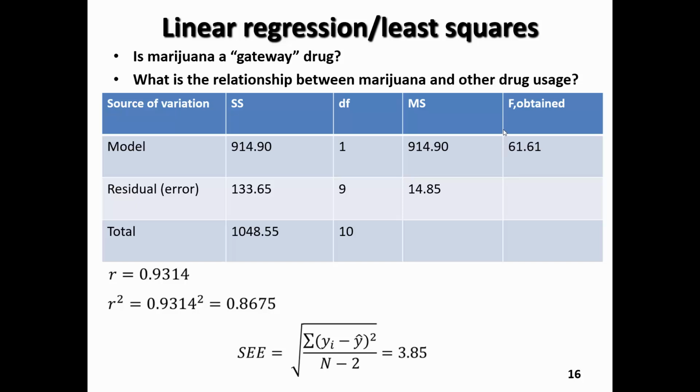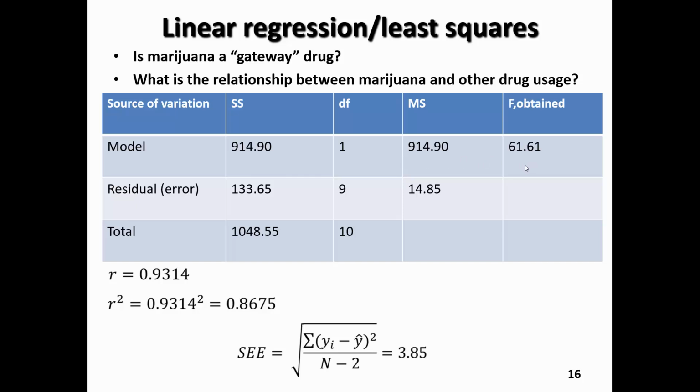So the ratio of the variance of the model to the residual is a very, very large F value. This very large F value would certainly put it on the order of statistical significance if we had set our type 1 error rate at 0.05, or even if we had set it at 0.01.